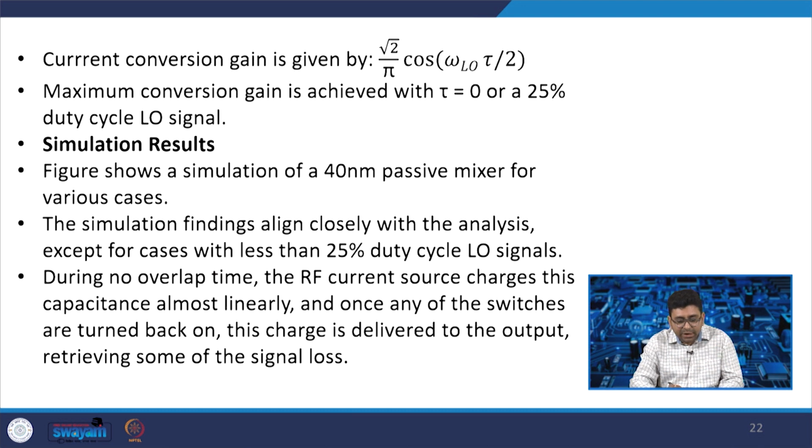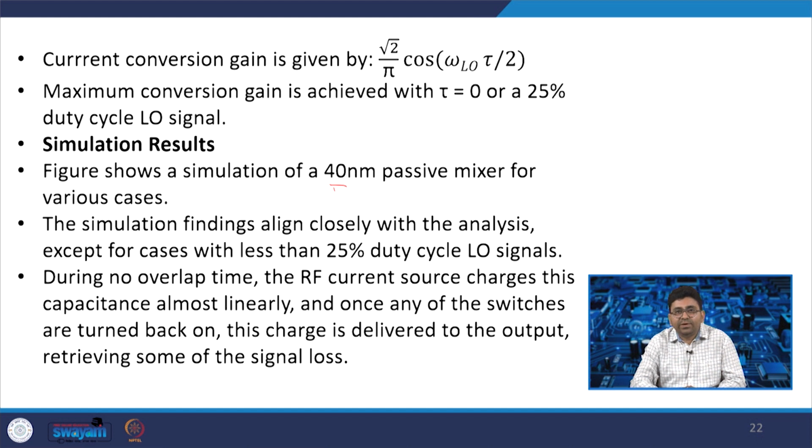So, the conversion gain is given by root 2 by pi cos(omega LO tau by 2), and the maximum conversion gain is achieved when tau is 0, or with a 25% duty cycle LO signal. We already discussed the simulation result for 40 nanometer, and the simulation findings align closely with the analysis except for cases with less than 25% duty cycle.